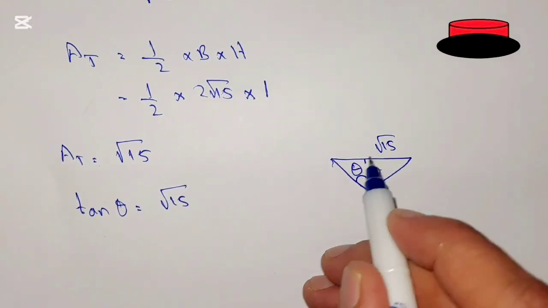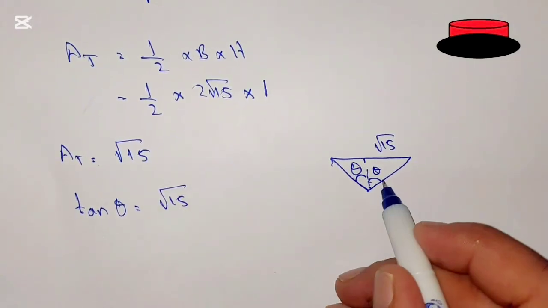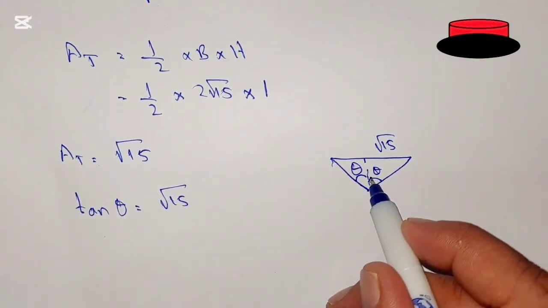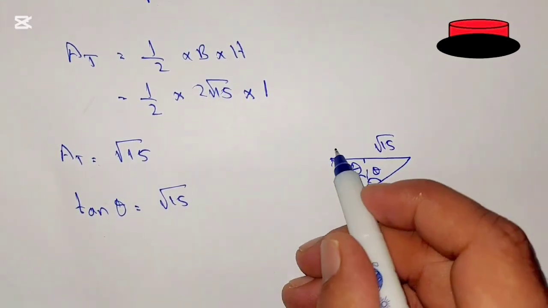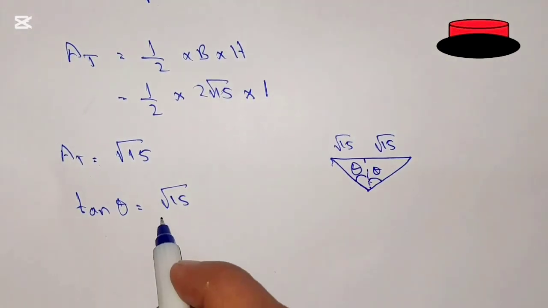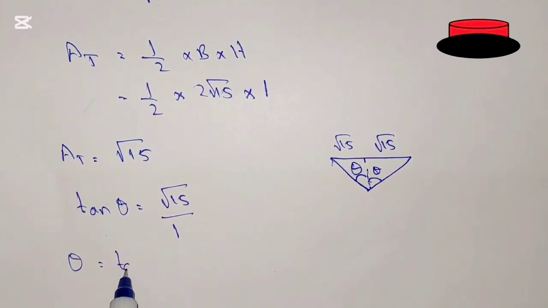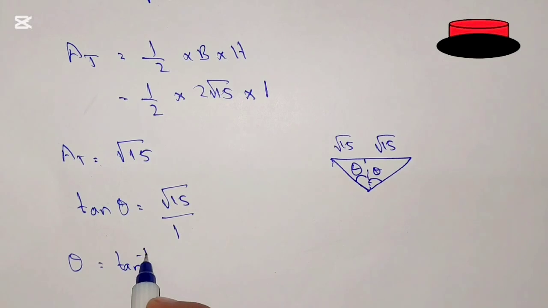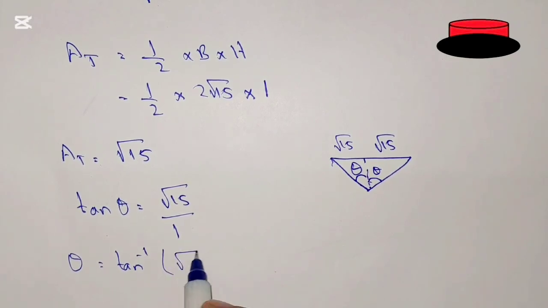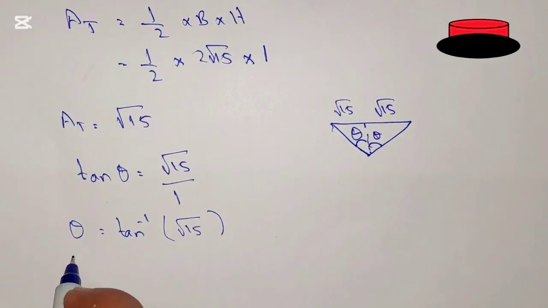This is the perpendicular under root 15, and this is another side under root 15. So under root 15 divided by base, which is 1. So theta equals tangent inverse under root 15.